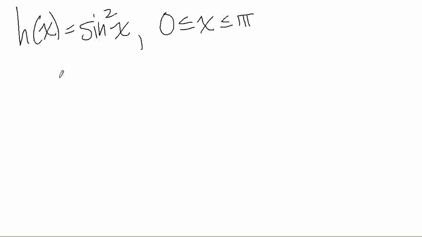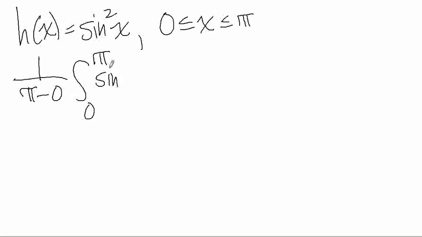Okay, so you would set up the expression to simplify. And at that point, you might be stuck because you may not know how to calculate the antiderivative of the sine squared of x.